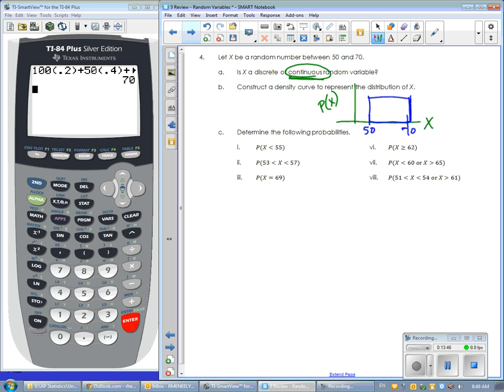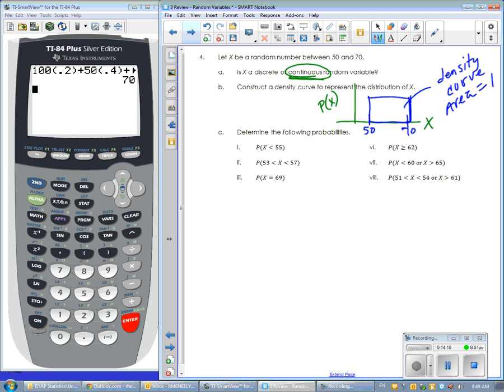And so the next question would be, well, how tall is the rectangle? I know how long it is, but what's the width or what's the height? And so what you have to remember is that all density curves have an area that's equal to 1, and that corresponds to the sum of all the probabilities, because the sum of the probabilities has to add up to 1.